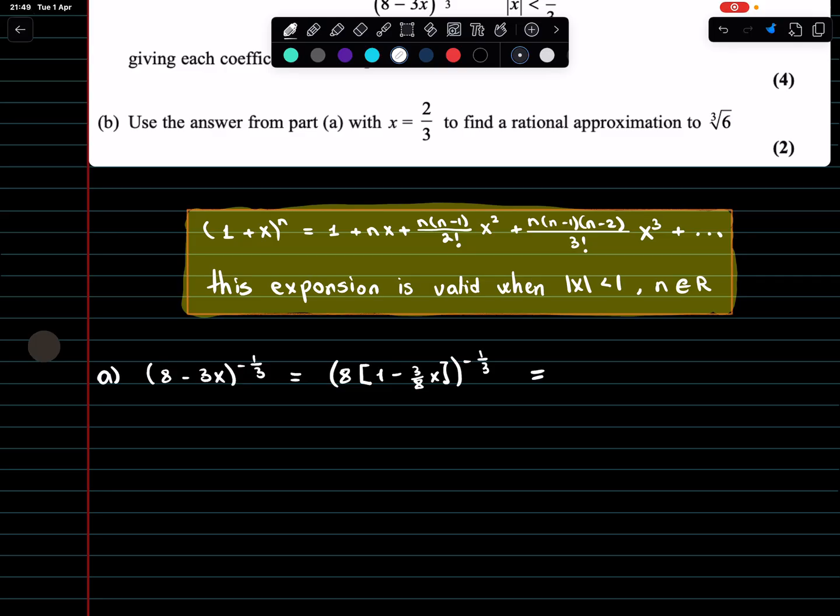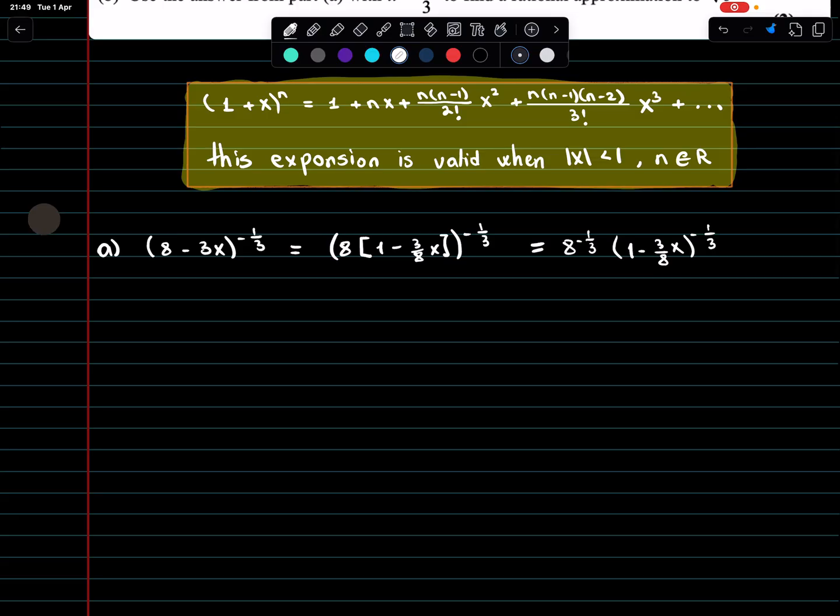Alright, let's distribute this power according to the power law. I'm going to have 8 to the power of negative 1/3 as well as 1 minus 3 over 8x to the power of negative 1/3. So 8 to the power of negative 1/3 gives us 1/2, and then 1 minus 3 over 8x to the power of negative 1/3.